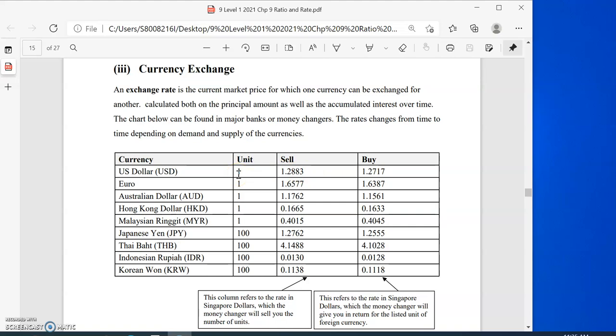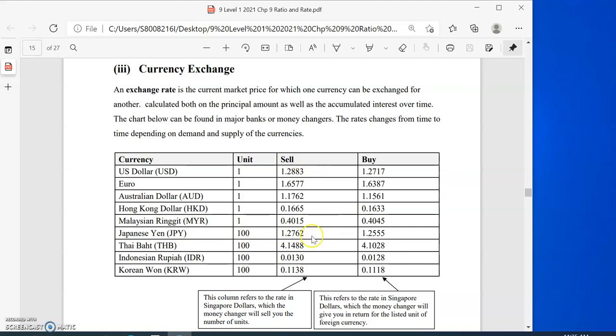The money changer is willing to sell you 1 unit of euro at 1.6577 Singapore dollars. The money changer is willing to sell you 1 Hong Kong dollar at 0.1665 Singapore dollar. The money changer is willing to sell you 100 Japanese yen at 1.2762 dollars.